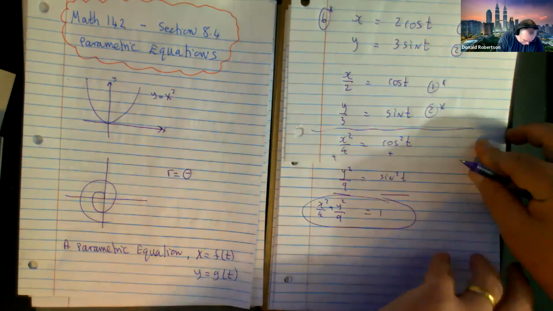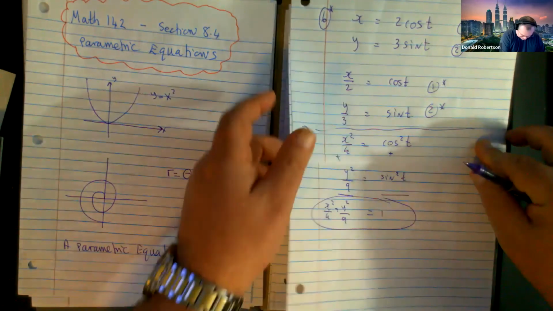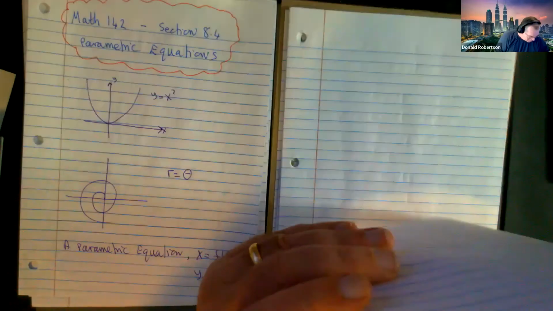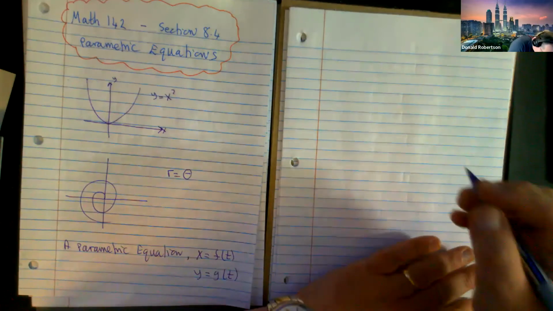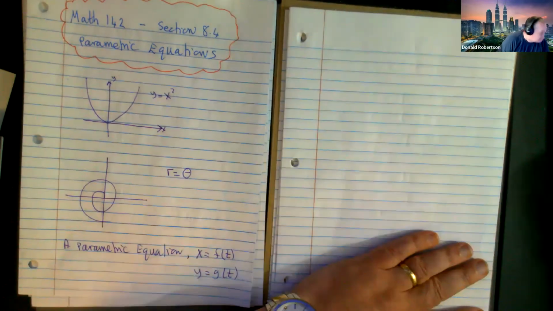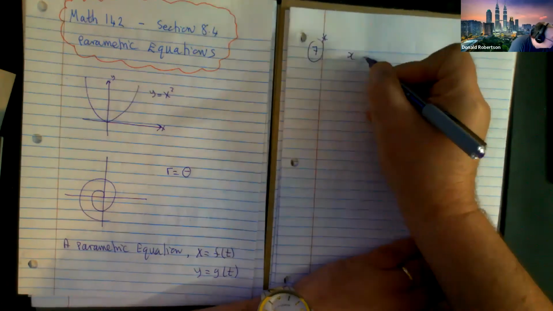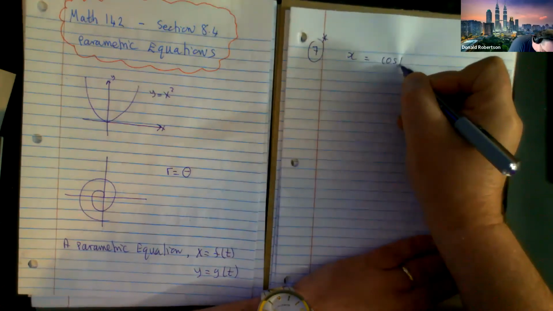Now, whenever you have trig, this technique is one of the techniques you can use, but trig always has its own little variations and uniqueness that you have to deal with as it comes up.